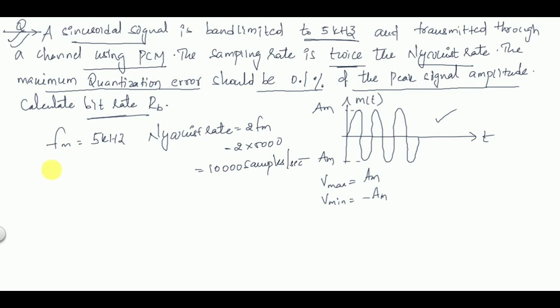Once you have the Nyquist rate, we can calculate the sampling rate. He has given that the sampling rate is twice the Nyquist rate, so 2 into 10,000, which is equal to 20,000 samples per second.